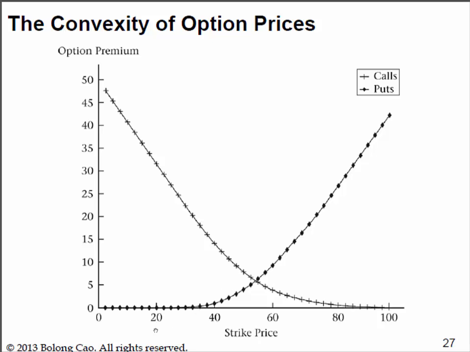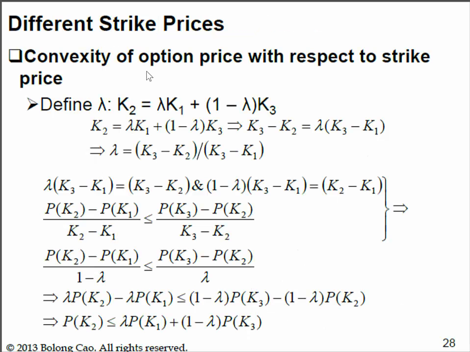It is getting closer and closer to zero, which basically drags it flat and makes it a convex shape, not a straight line nor a concave shape. So that's the convexity. That's what it is, and we are going to prove it.